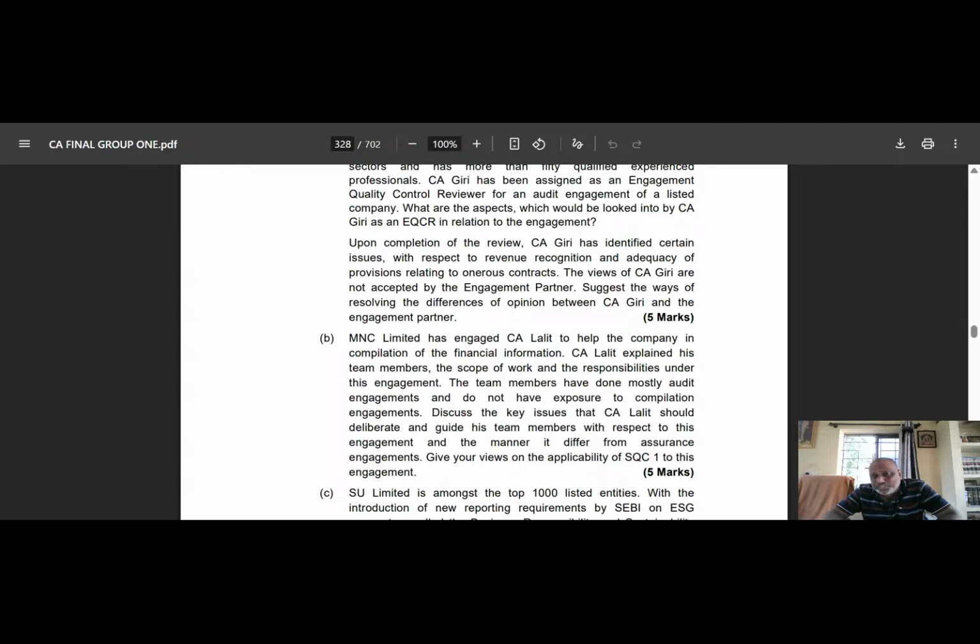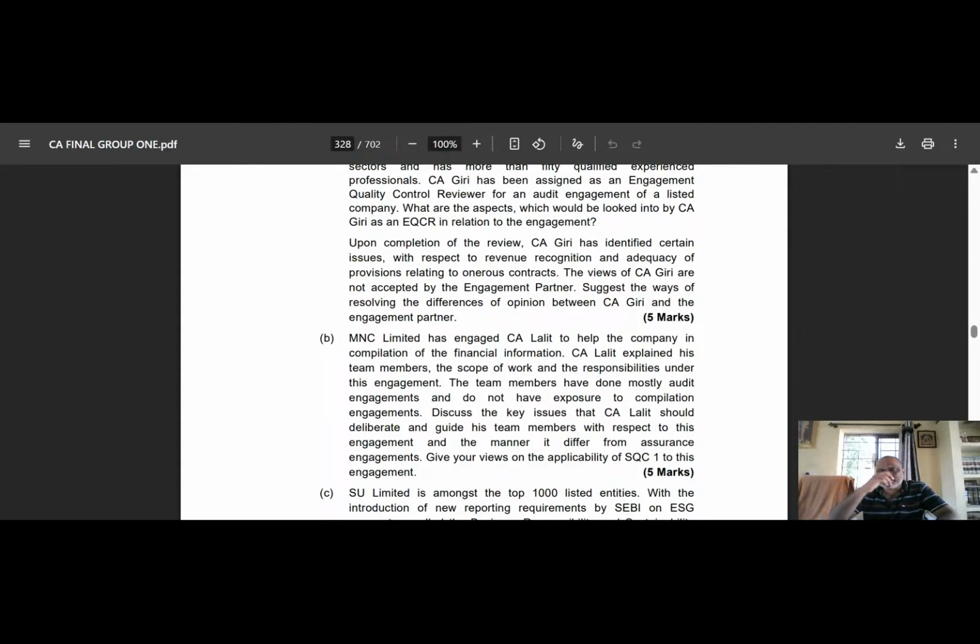The report should only be issued after resolution of such differences. In case the recommendations of the engagement quality control reviewer are not accepted by the engagement partner and the matter is not resolved to the reviewer's satisfaction, the matter should be resolved by following the firm's established procedures, like consulting another practitioner or firm, or a professional or regulatory body.